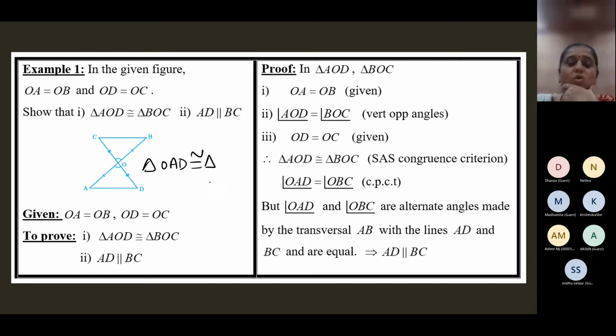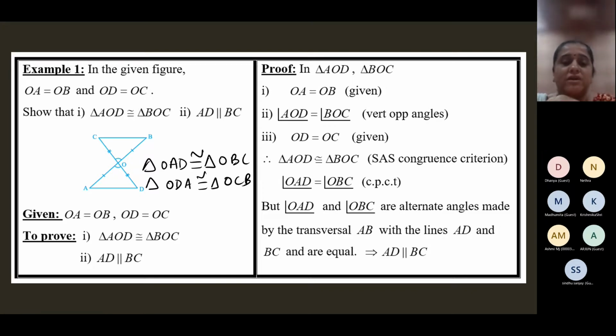OBC. If I say OAD, you must say OBC. Now if I say triangle ODA is congruent to triangle OCB. So the order will keep changing, so you should be very careful with the order.